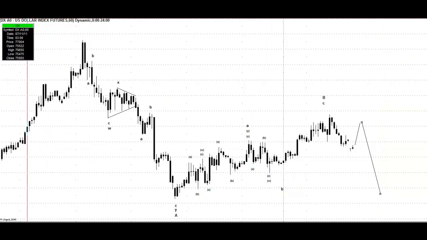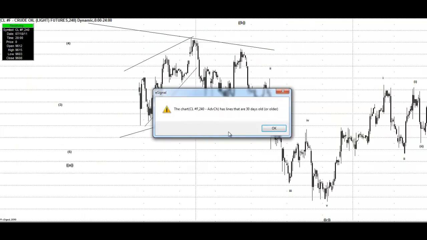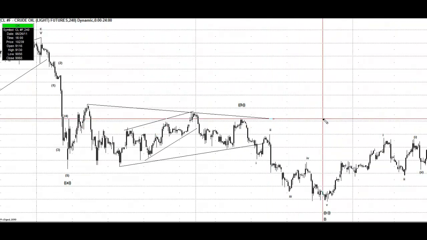Now, and finally, oil. Looks like oil is doing a B-way triangle.